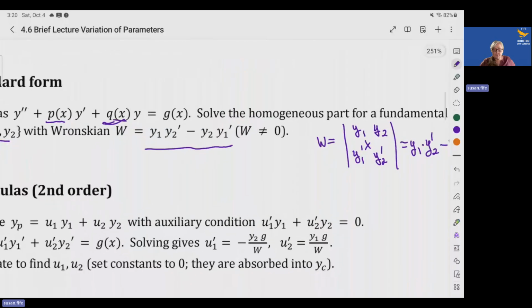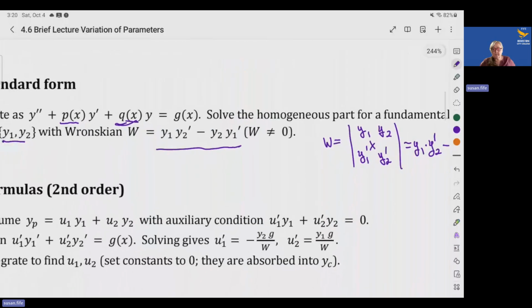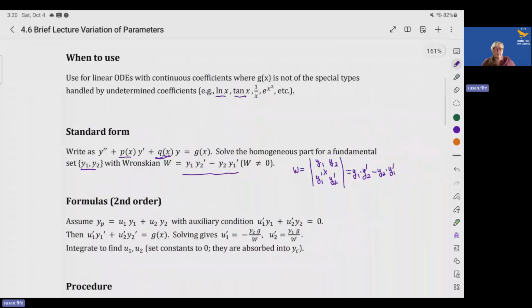Now we have a couple of formulas. These formulas come from the proof for why variation of parameters works, and this is in section 4.6 in your book.